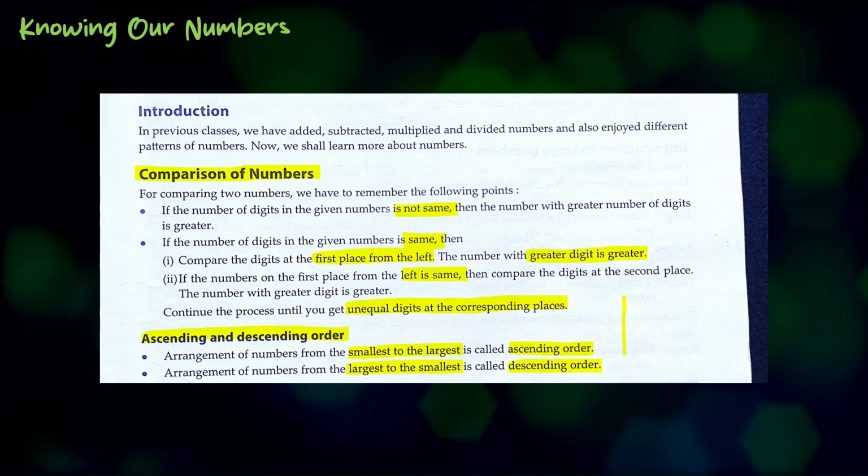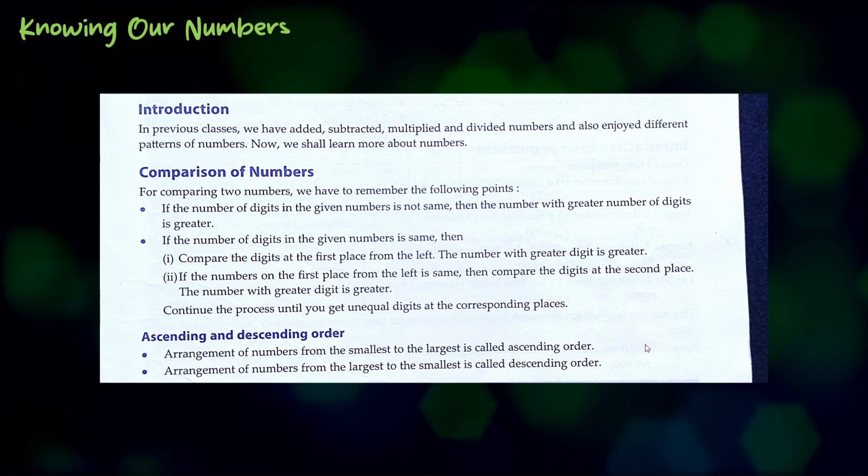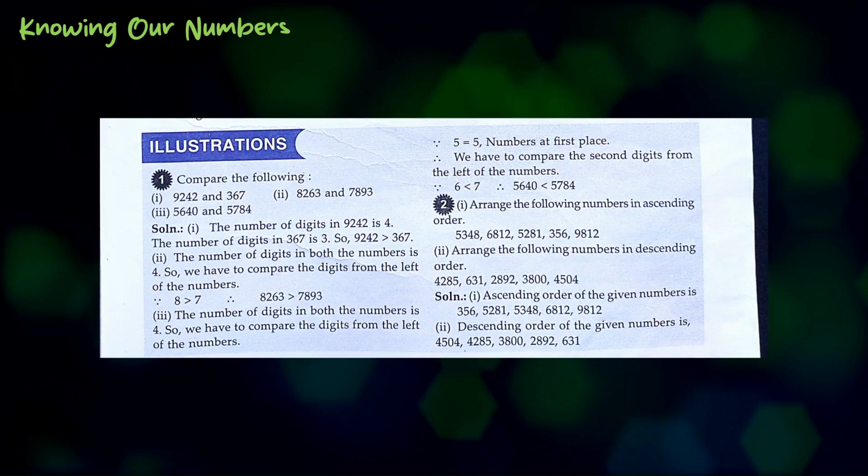Ascending order is from small to big, and descending order is big to small. That's the difference between ascending and descending. Let's see with examples, you will understand clearly.